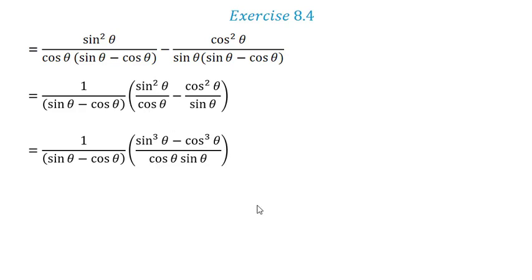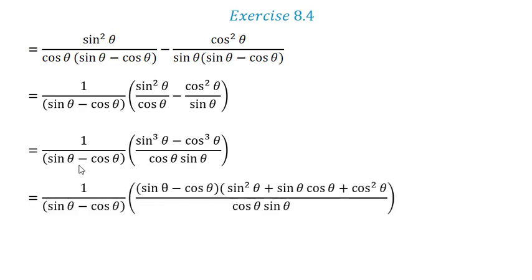You have to keep your right hand side in your mind, that what you have to prove, right? So again here it is sin theta minus cos theta. In the numerator you see this is sin cube theta minus cos cube theta. So a cube minus b cube formula I can apply, which is a minus b into a square plus ab plus b square.